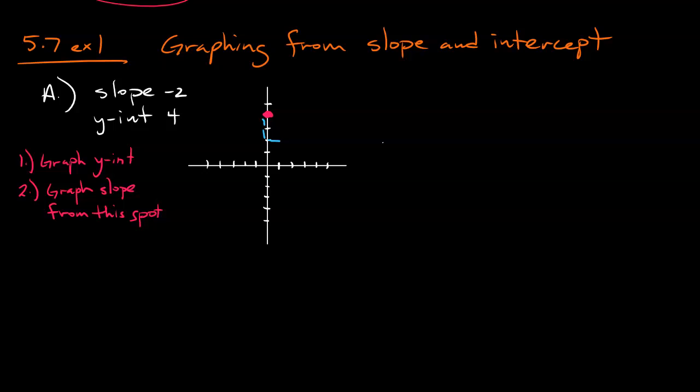And that's how I would graph a slope of -2, which is -2/1. So my second point would be right here. And then I'm going to use that to make my line, which is super hard to do on my tablet.